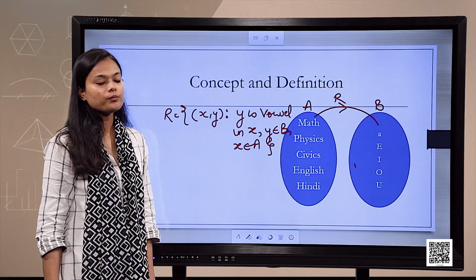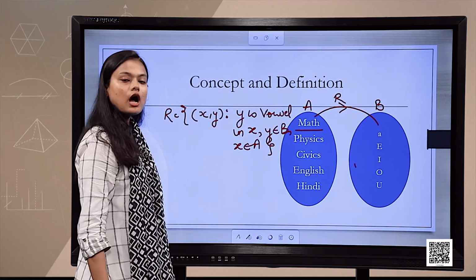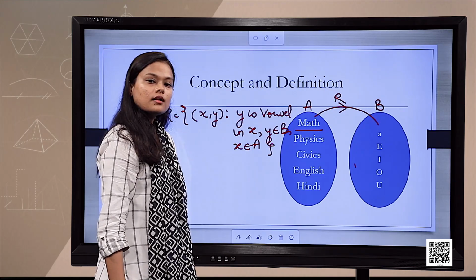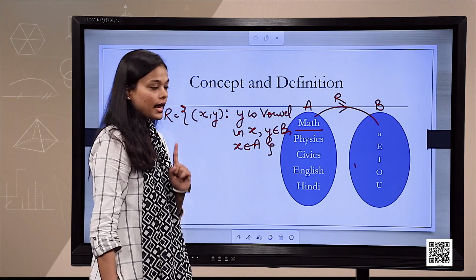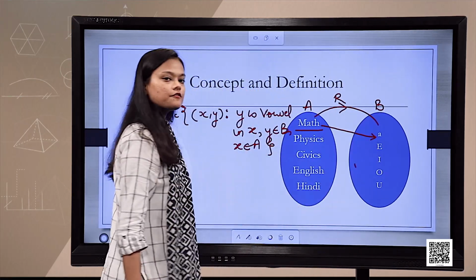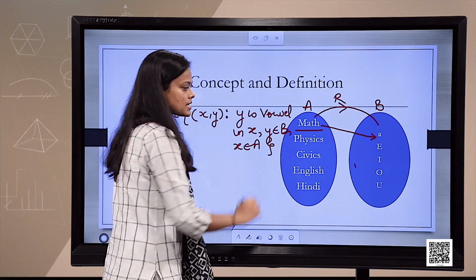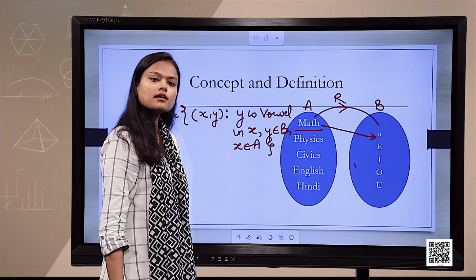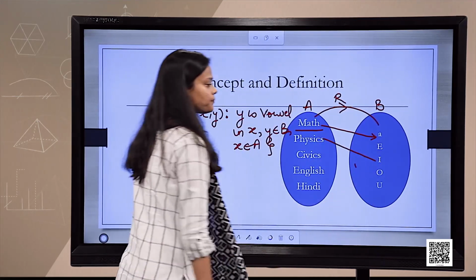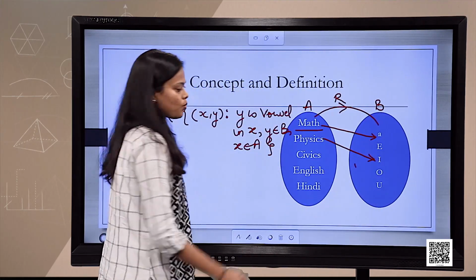What you are going to do? Math, see this first element. How many vowels are there in the word math? 1, A. So, this will be the first ordered pair, math with A. Now, physics. How many vowels are there in it? Again 1, which is I. In civics, again 1.